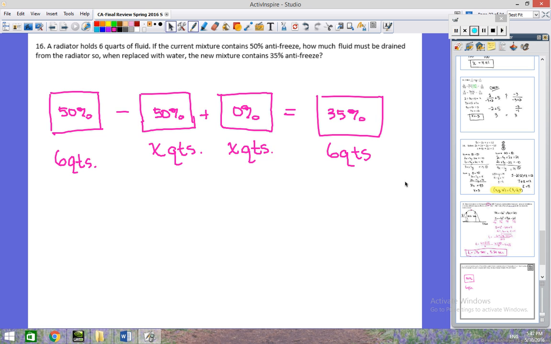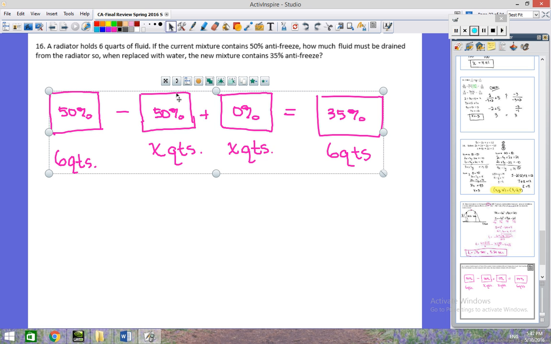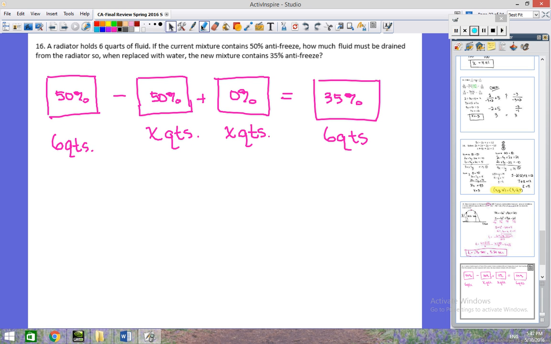Alright, so now I can create an equation. I've got 6 times 0.5 because I'm going to change that to a decimal. I've got 0.5 times x. I've got 0 times x, which is just 0. And I've got 0.35 times 6. One equation, one unknown.